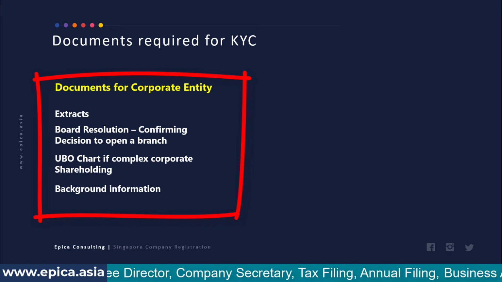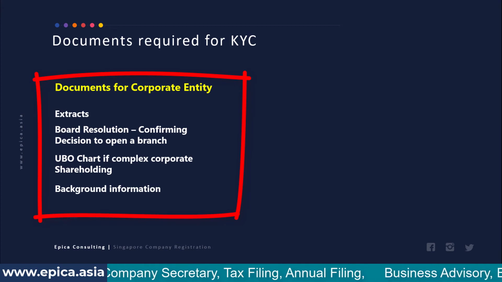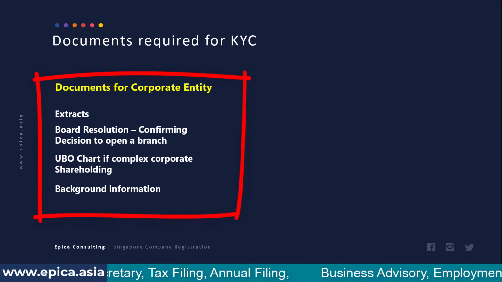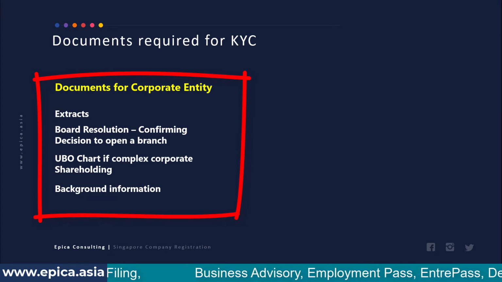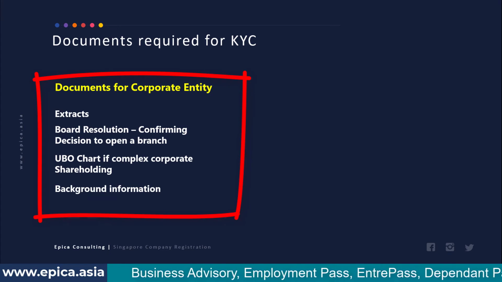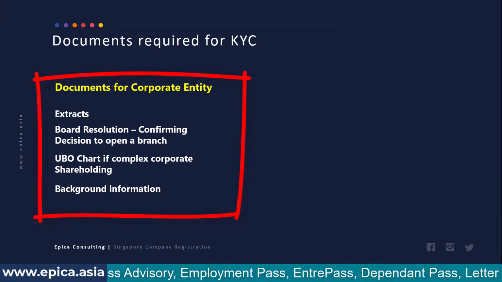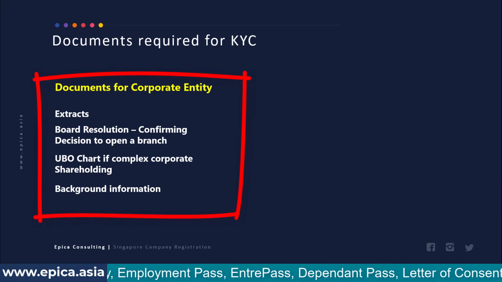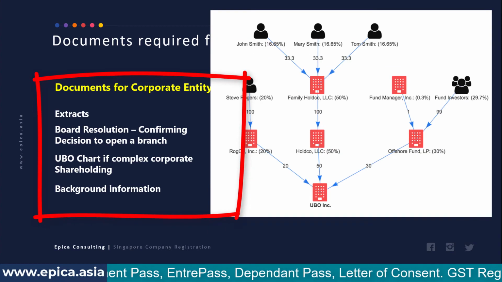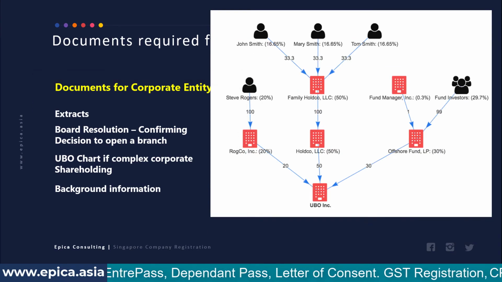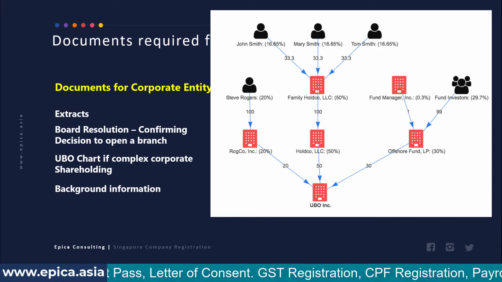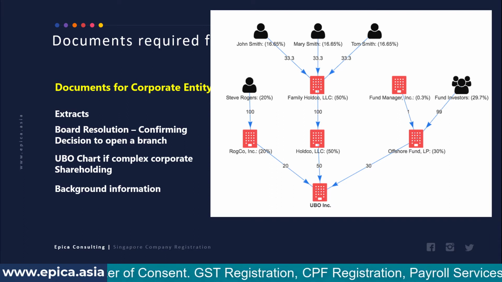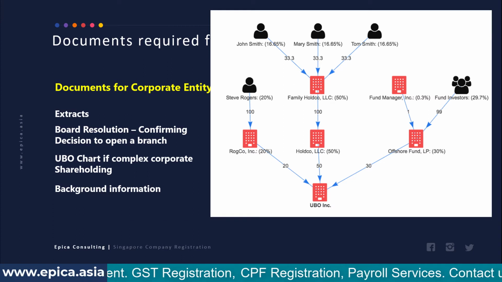The ACRA regulations say that we need to trace it to at least 75% shareholding owned by individuals. So we need to find the persons behind this company who together own 75% of the shareholding. If you are not clear about what a UBO chart is, it typically looks like this. There is another presentation we have already made to explain this. You can go through that.